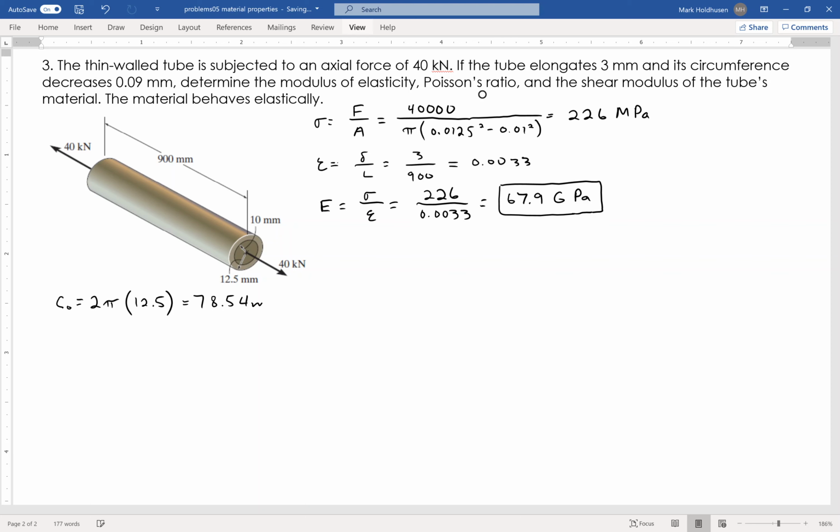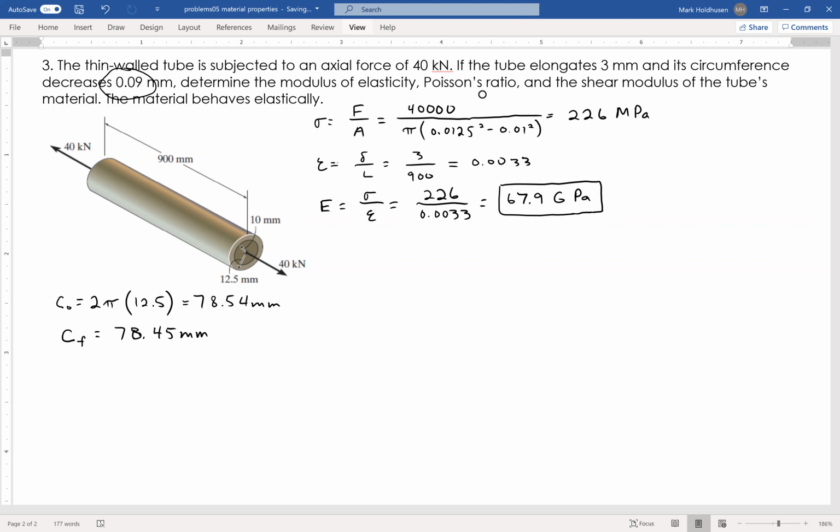and again, that's millimeters. Okay, and we know that it decreases by 0.09 millimeters, so my final circumference is just that minus the 0.09, which gives me 78.45 millimeters.